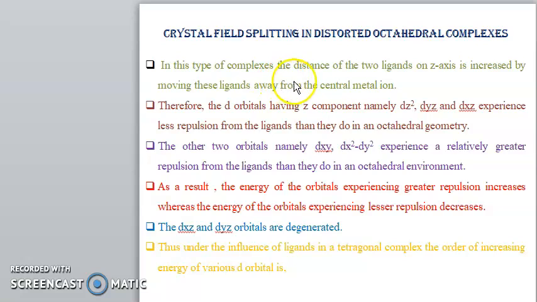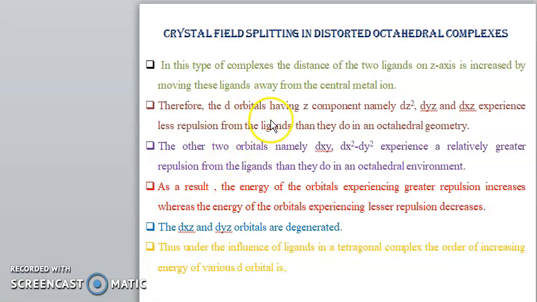In this type of complex, the distance of the two ligands on the z axis is increased by moving these ligands away from the central metal ion. What is the difference between octahedral and distorted octahedral? The two ligands on the z axis are moved away from the central metal ion.